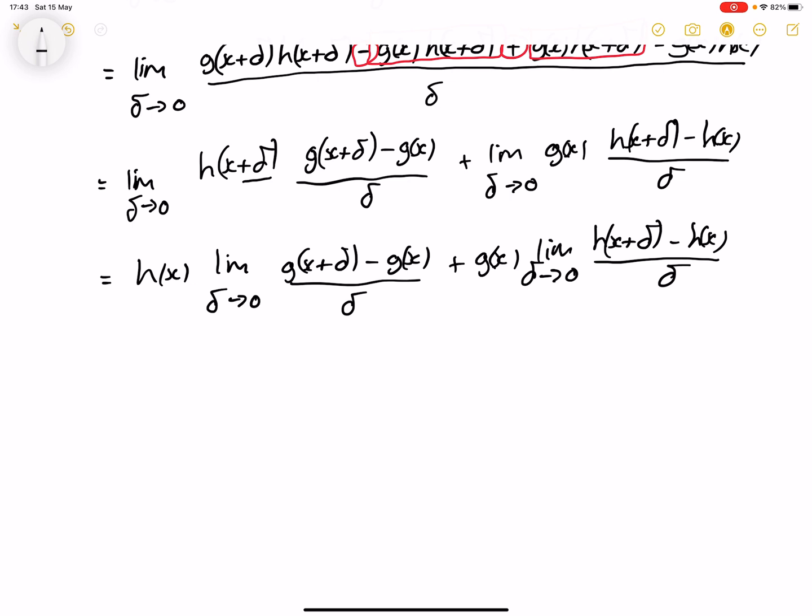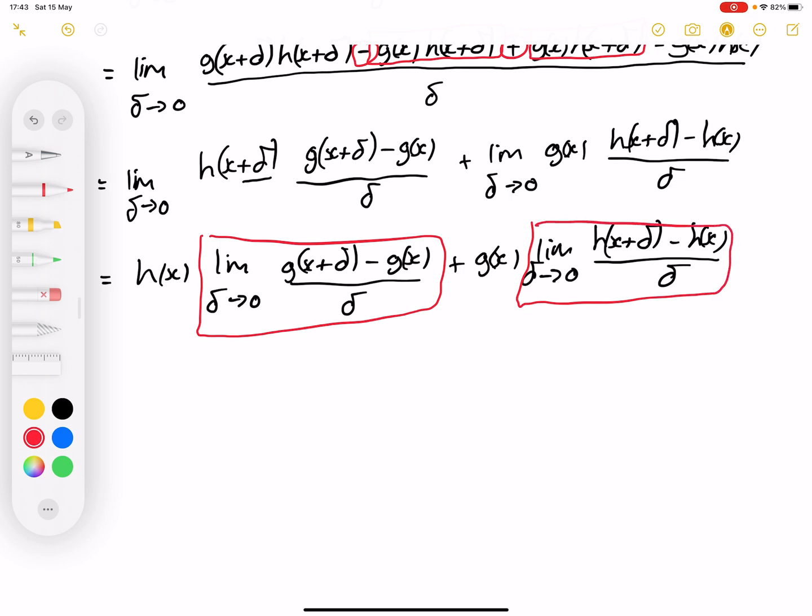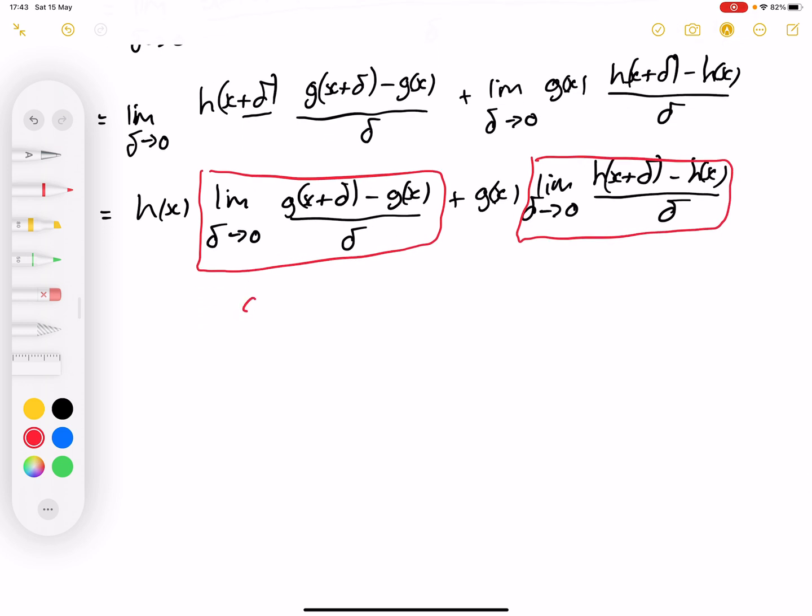Now, the thing I was wanting you to spot was that this limit here and this limit here are just the definitions of g dash of x and h dash of x.